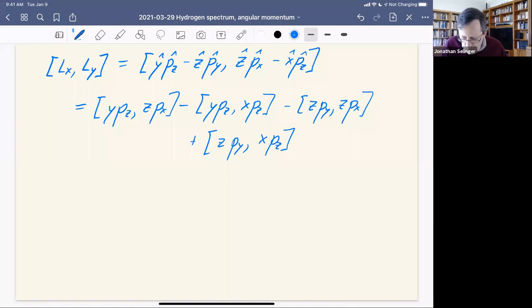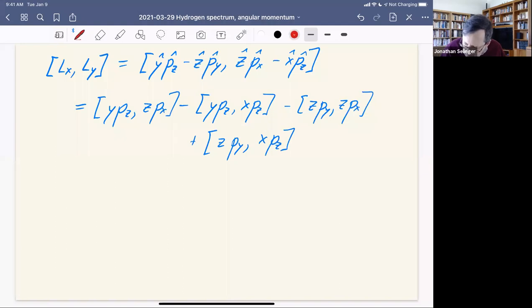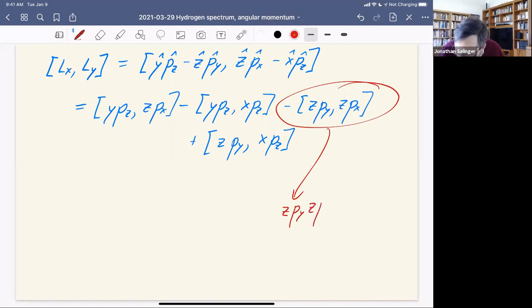Okay, now what are these commutators? Are they going to be 0 or not? Well, let's take a look at one of them. Okay, so if we look at this guy, this is z py z px minus z px z py.